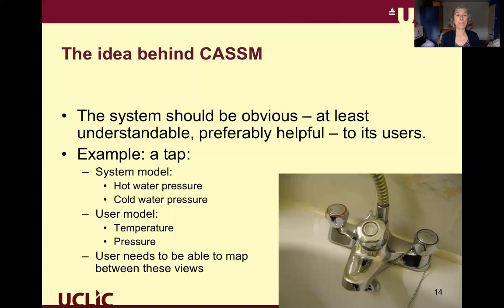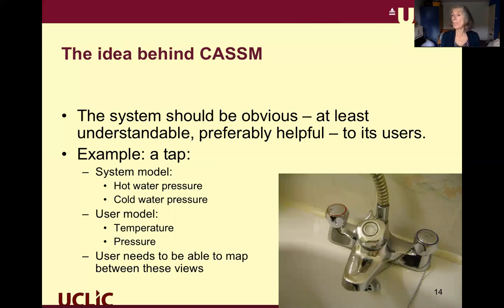Of course, the system model, because in most countries the hot supply and the cold supply are delivered to the tap separately, as exemplified in my bath tap here, is that you've got hot water pressure and cold water pressure. And to change the pressures, you turn the corresponding tap. In this case, we've got the hot tap labelled red on the left and the cold tap labelled blue on the right.